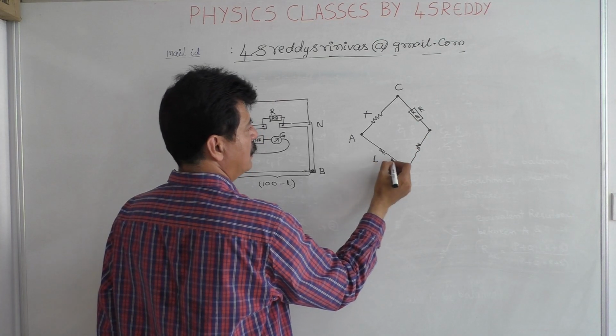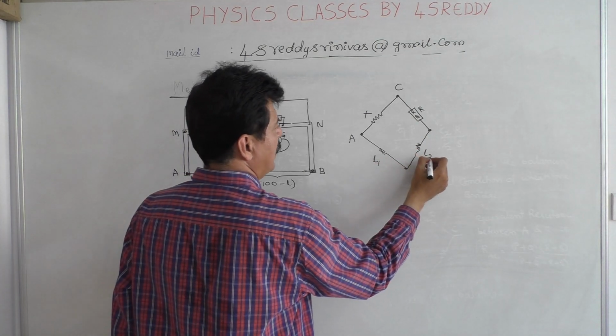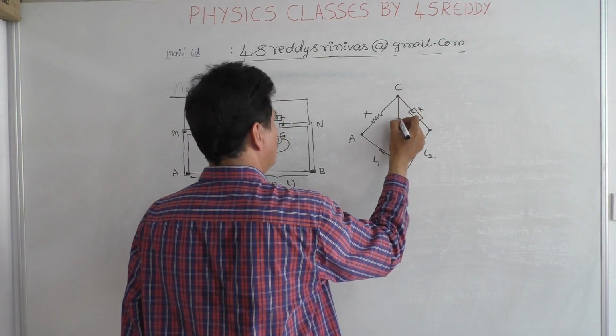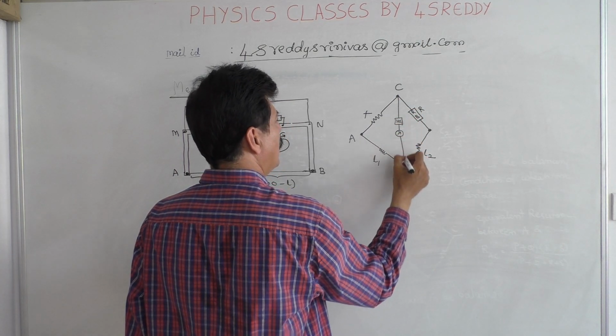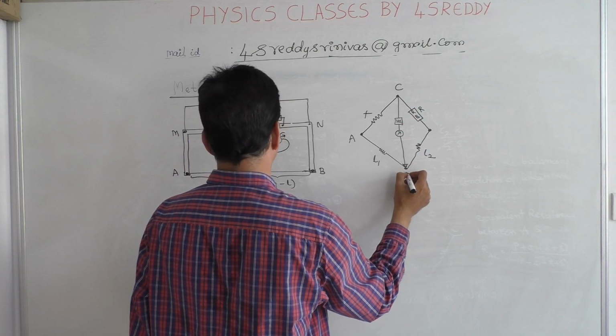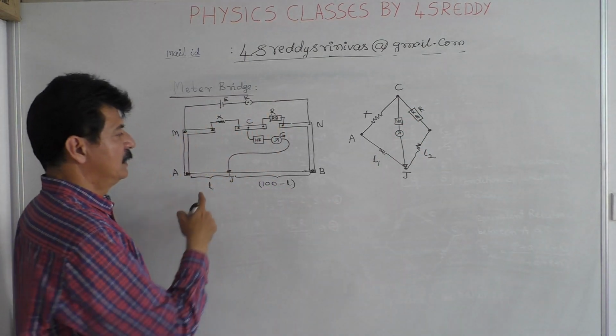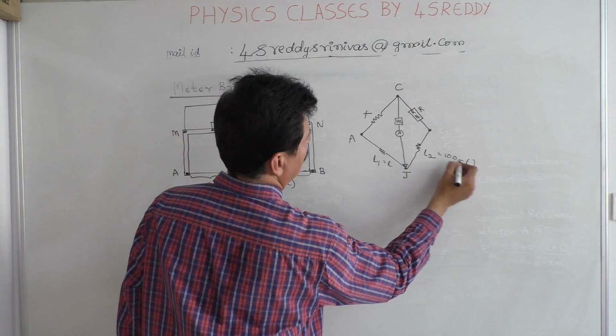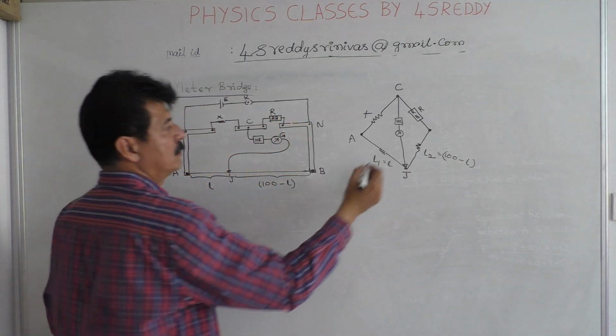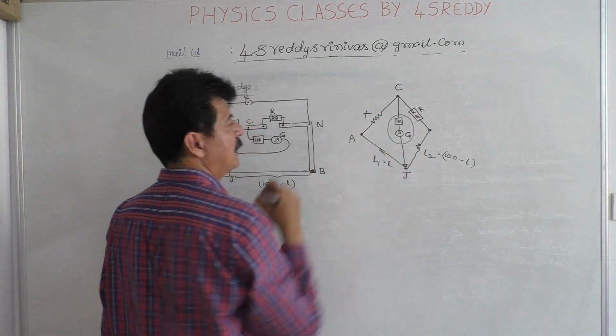This is L1, this is L2, and this is HR and galvanometer G, and this is jockey J. This L1 is given as L, L2 is given as 100 minus L. Whenever the current through the galvanometer becomes 0, this part can be eliminated.